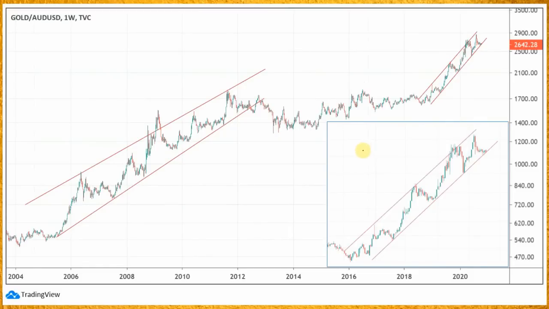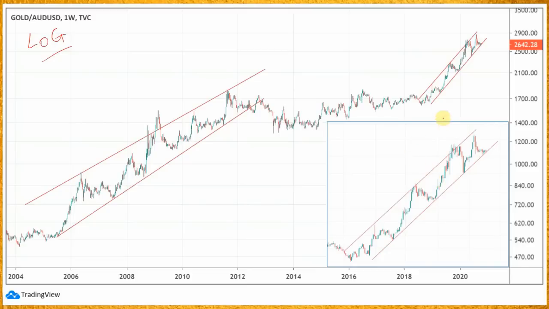This is gold priced in Australian dollars, and in the 2000s it was a bit messy in terms of the tops here, so I couldn't really draw a nice line there, but the bottoms actually formed a nice trend line over here. Again, this is on the log scale, and more recently we've got a very slim steep channel over here.